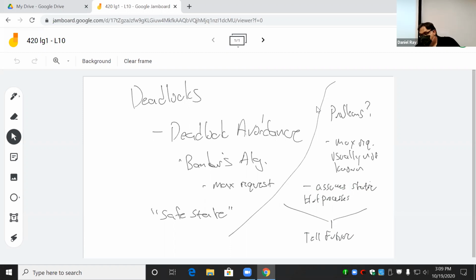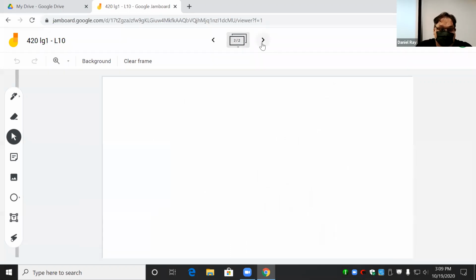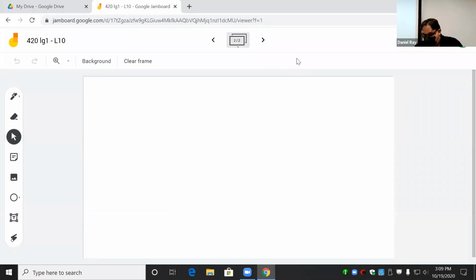Now, that doesn't mean that we don't need to learn about this. A lot of this analysis, a lot of this insight goes into estimating workload when it comes to practical operating system deadlock avoidance. Okay. But one more thing that we might want to look at, aside from deadlock detection and deadlock avoidance, is deadlock prevention.